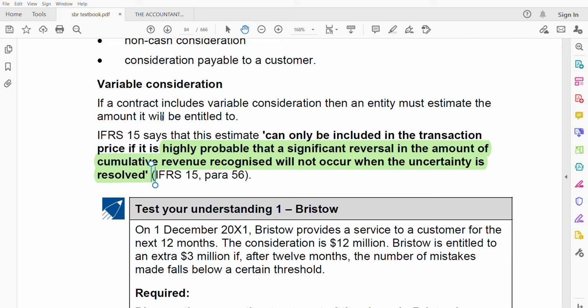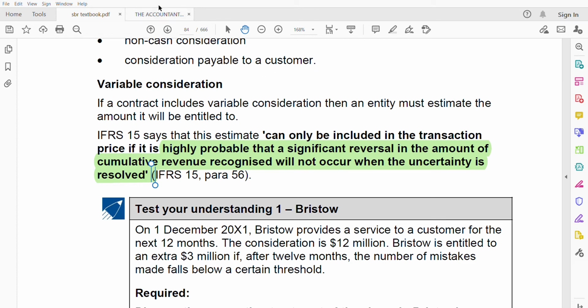It will not reverse very significantly when that uncertainty is resolved, because you are estimating, no, estimation can be wrong also. So when the uncertainty is resolved, now you are certain. Uncertainty is not there anymore, and you see the revenue did not change so much. It did not reverse very significantly. Okay, then only you can include that variable consideration. There's a very high probability that it will not reverse.